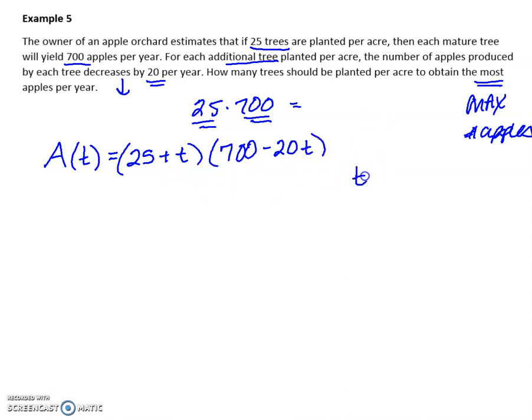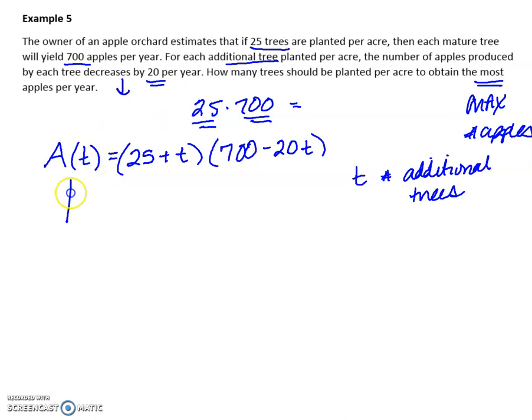So in this case, t isn't the number of years. t is the number of added trees. So again, 25 plus how many trees you add, times your yield, which is 700 minus 20 per tree that you have added. Okay, so this is giving us our relationship for our apples.